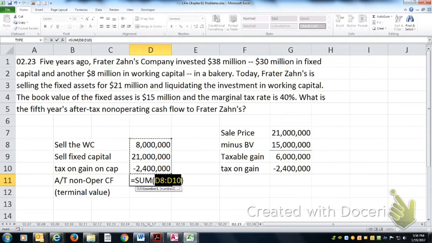The taxes are based on having to recoup the underpayment of taxes because I took too much depreciation. So my after-tax cash flows come to $26,600,000.